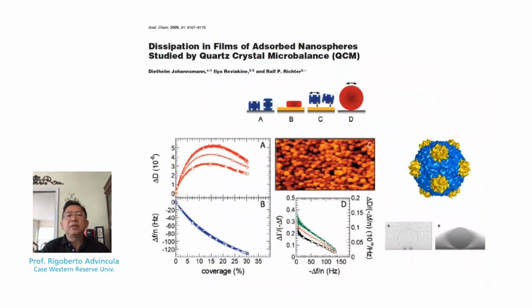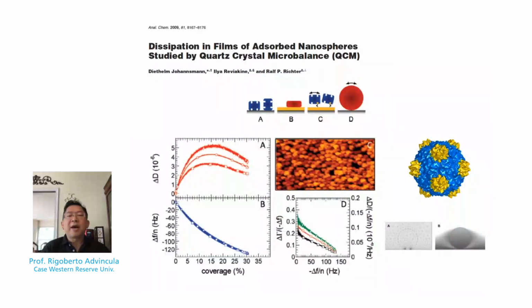Here is, again, a third study showing an ex-situ technique. In this case, the paper by Johansson, Ravikian, and Richter tries to make model studies of various proteins and viruses.